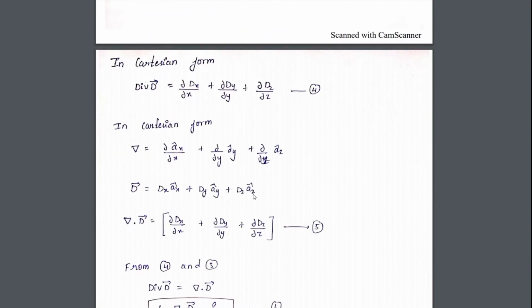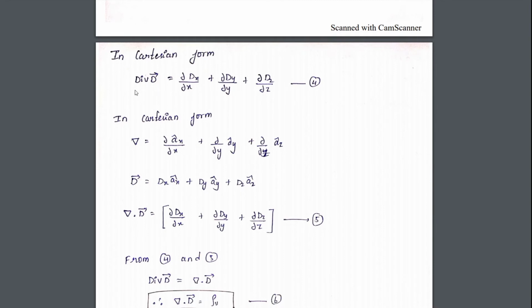Now you consider divergence D in Cartesian form. What does divergence mean? Divergence is nothing but splitting of a component. So we are going to split this D along 3 axes, that is x, y and z axis. So splitting a component into different values is called divergence.